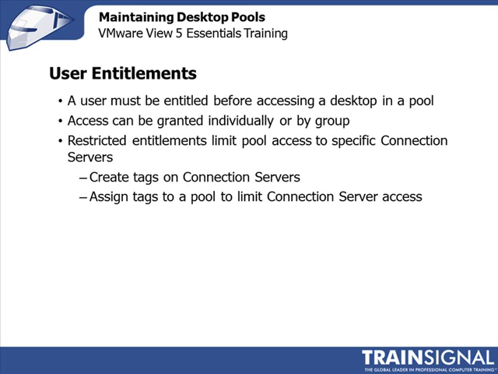So I might have two separate tags: if I use the tag inside, I'm only going to use those connection servers that are on the inside, or outside, I'm only going to use another specific set of connection servers that may be in my DMZ. So you could think of it as load balancing your traffic, or forcing pool traffic to go down a certain set of View connection servers.